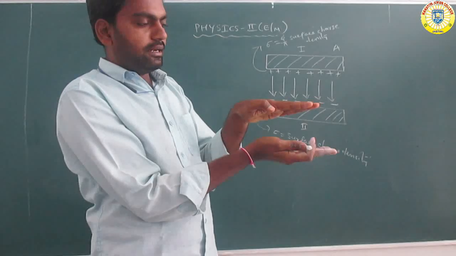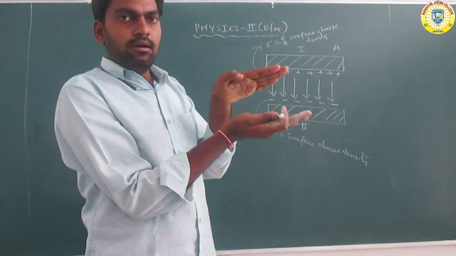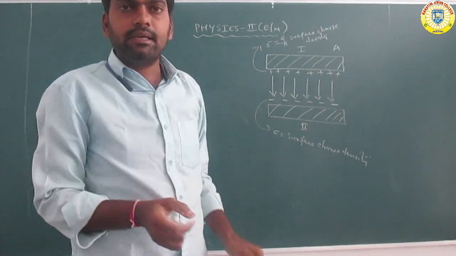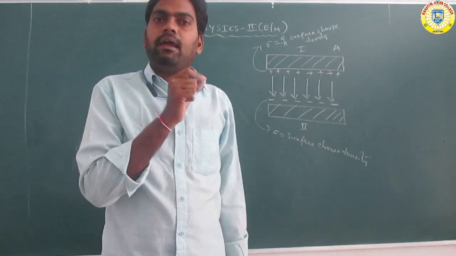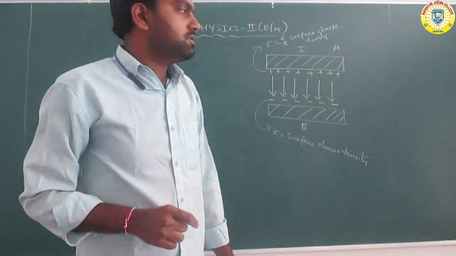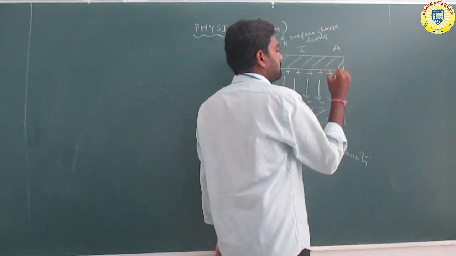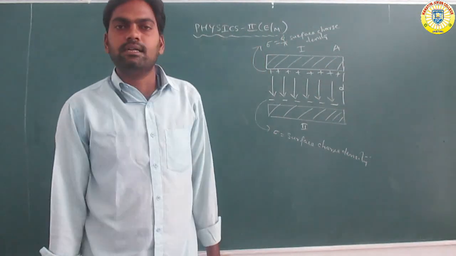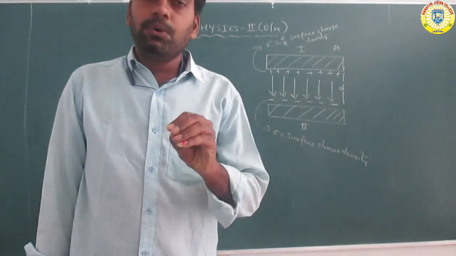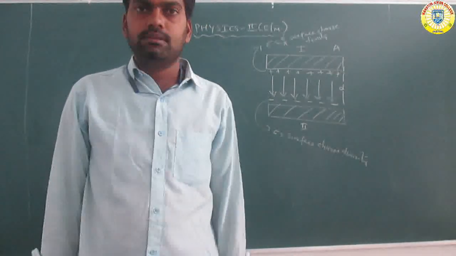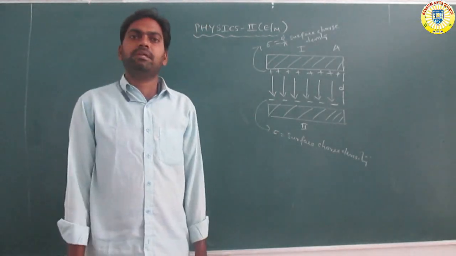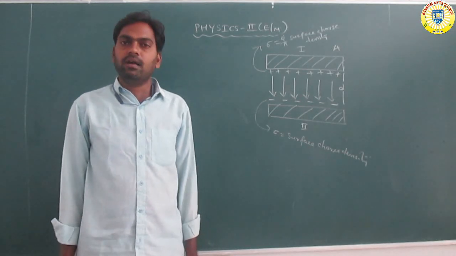These two parallel conducting plates are separated by a small distance in a vacuum. That distance is called d, the separation between the two plates.